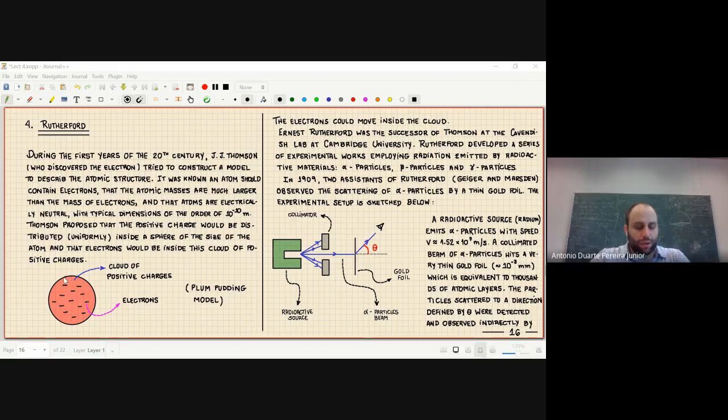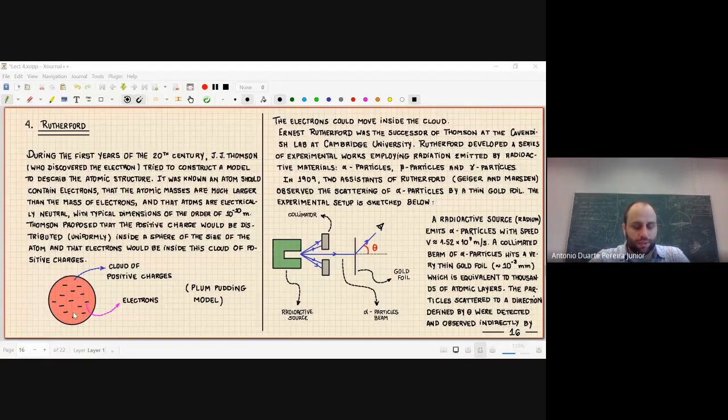You can think of this essentially as a ball that inside has some sort of gas of positive charges and also electrons. This explains why the atom has a mass bigger than the mass of the electron, because these positive charges that form this reddish cloud must be massive. And it also explains why the atom is electrically neutral, because there is a cloud of positive charge.